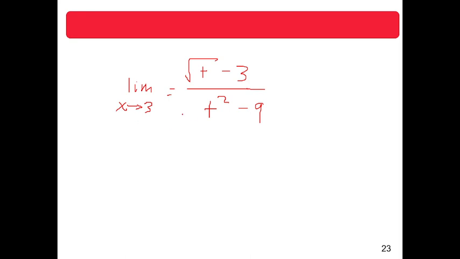If you're going to directly substitute it, this is 3, and this should be 9.